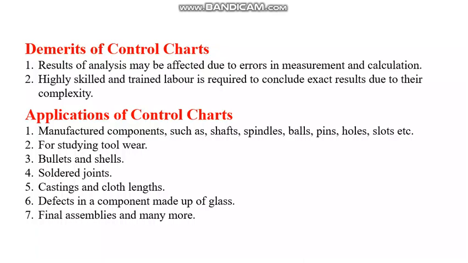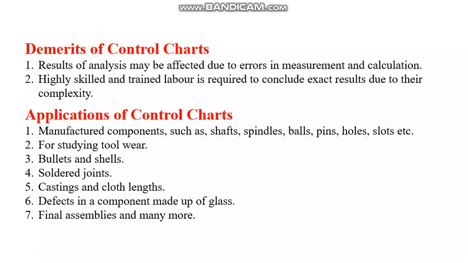Then for studying tool wear also, control charts are used. Bullets, shells, sieves, sometimes for defense purposes, like ordnance factories. Some ordnance factories produce bullets, shells and other things which soldiers use. For such applications, control charts are used.